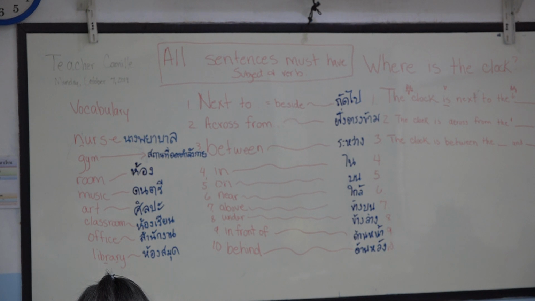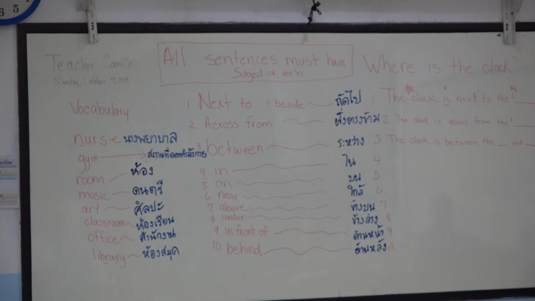You can say the clock is in front of, what is the clock in front of? I don't know. You can say the clock is in front of nothing. That's okay. But you can say the students are in front of the clock.